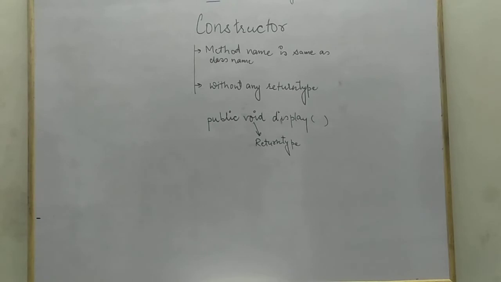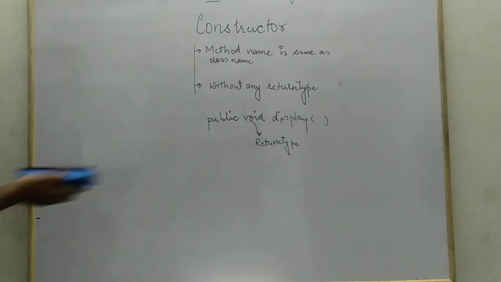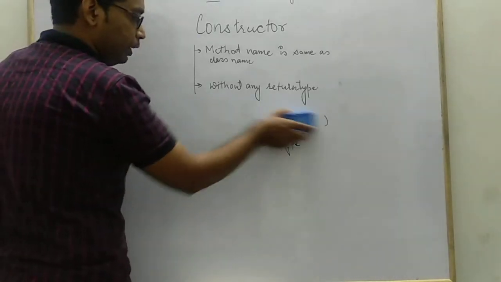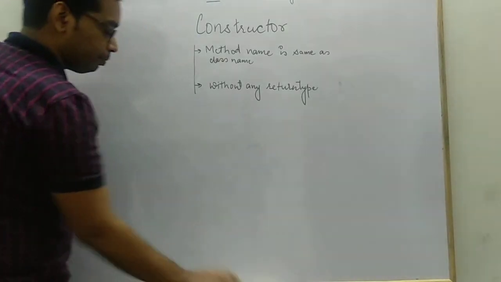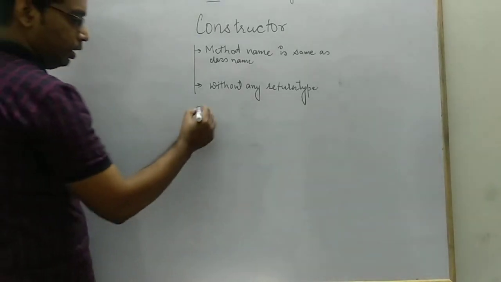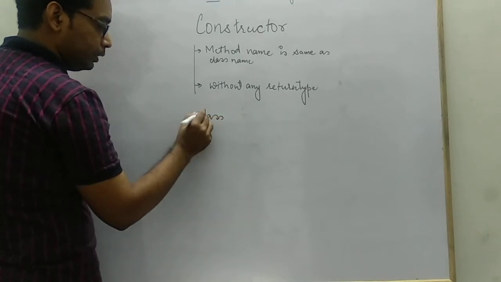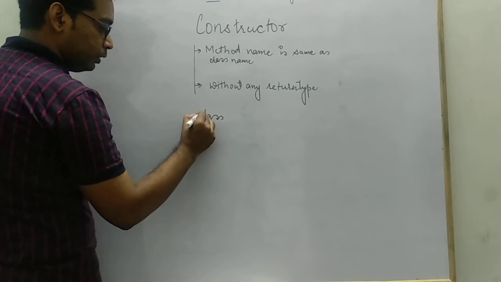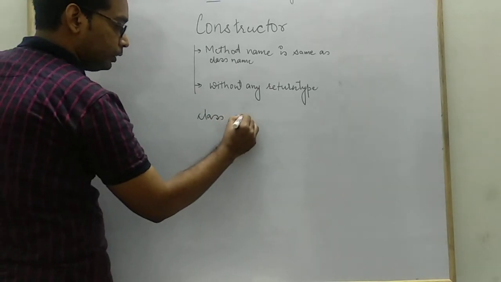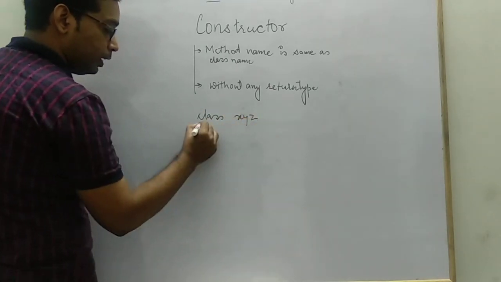Okay, so how to write without return type? I am going to give an example like this. Suppose my class name is XYZ.